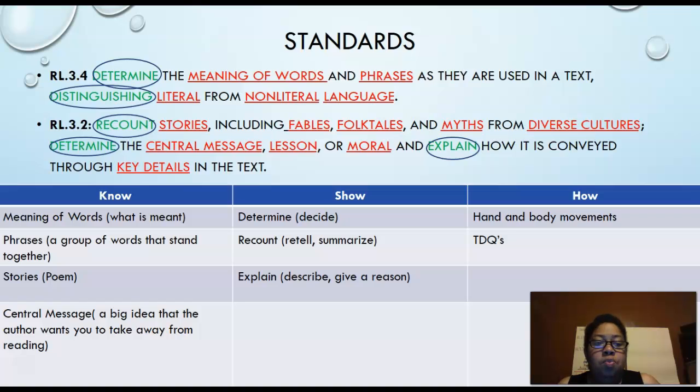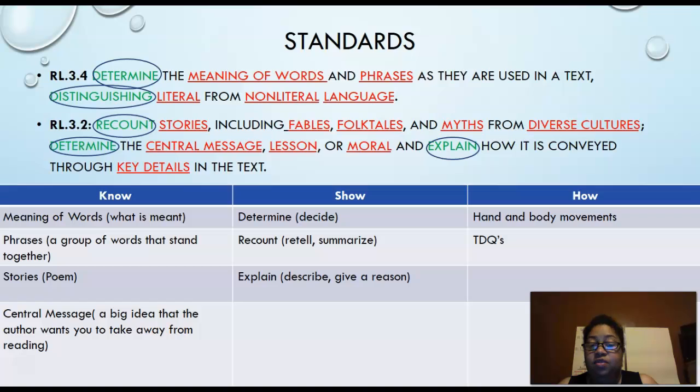So, our know is the first part that's underlined and highlighted in red, meaning of words. And of course, that just simply means what is meant. The next word, phrases. And of course, that's a group of words that stand together.